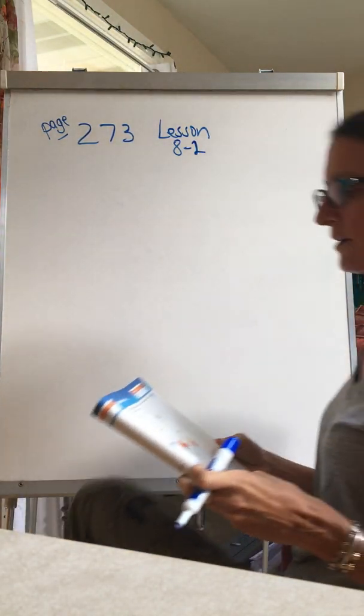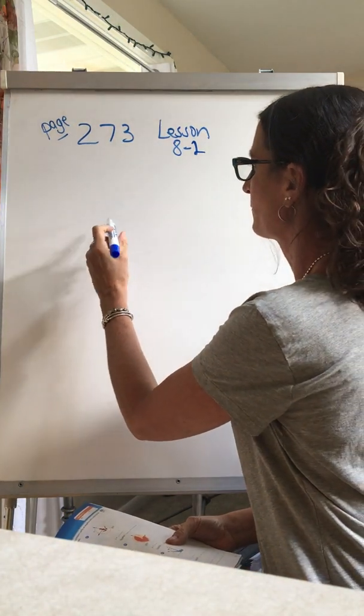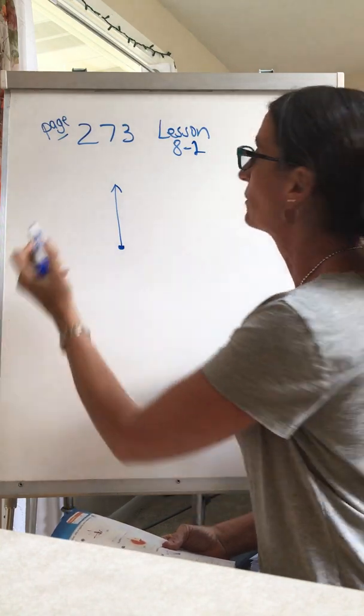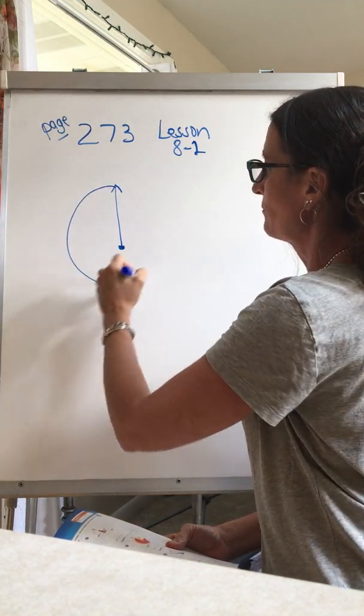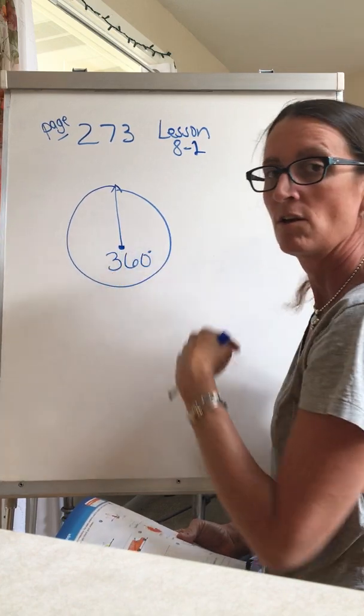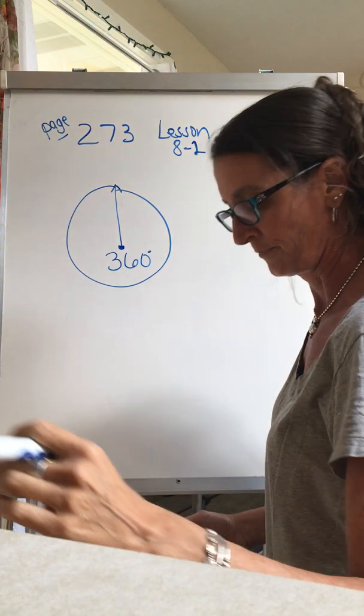Before we start, to find the missing angle measurements, we need to remember one important thing: a full circle has a measurement of 360 degrees. So to go all the way around a clock or a full circle, it's 360 degrees.